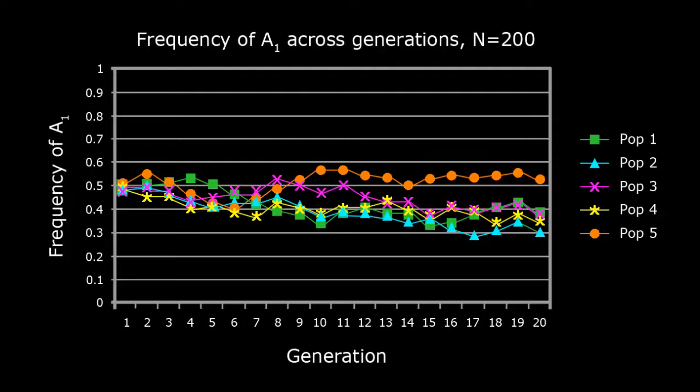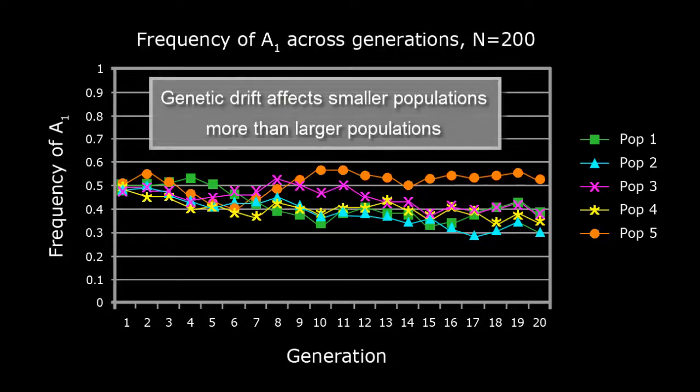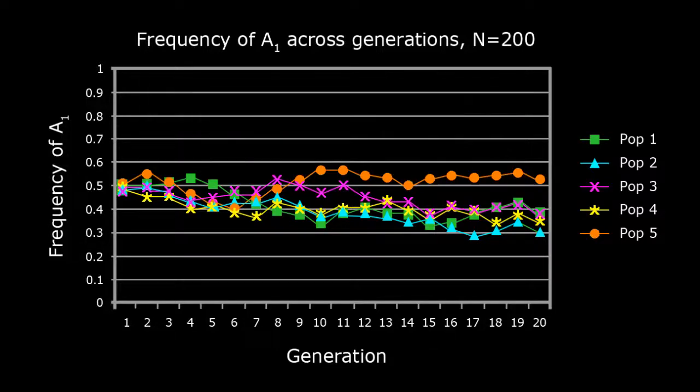Smaller populations are much more susceptible to change because of this random process, because there are fewer individuals. So drift here affects smaller populations much more than larger populations. The effect of drift is much more magnified in those small populations. I think that's the key takeaway point here.